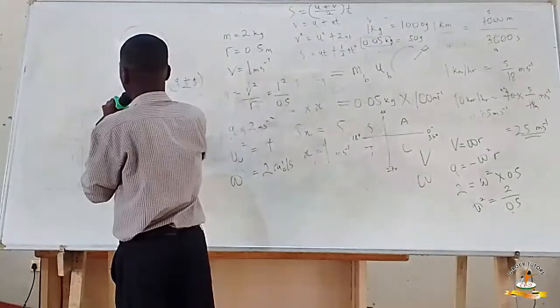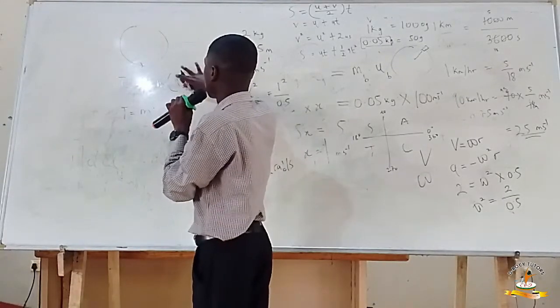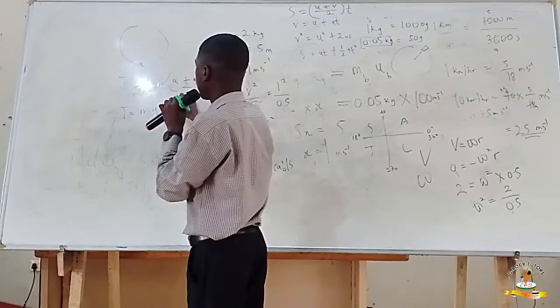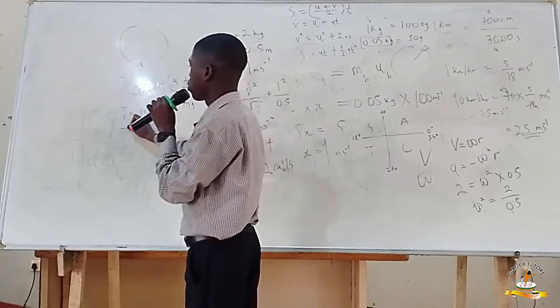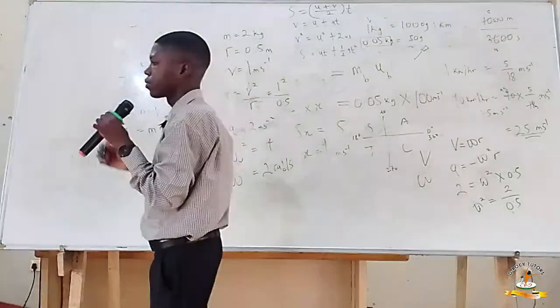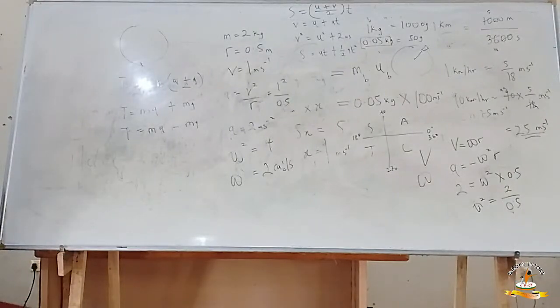Let me put A first: it can be T equals MA plus MG, or T equals MA minus MG. This formula is useful when you get to elevator scenarios, questions that involve an elevator moving up or moving downwards. So the answer will be B: the stone is at the bottom of the circular part.